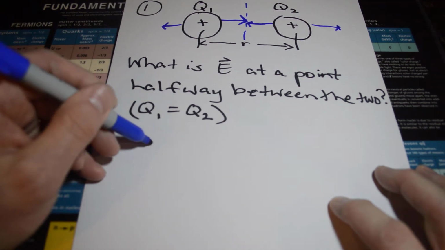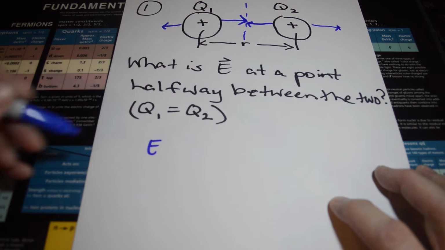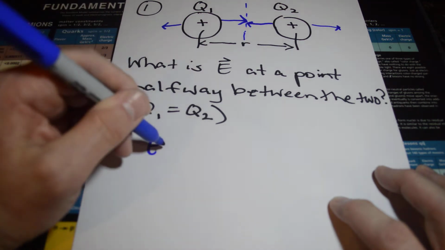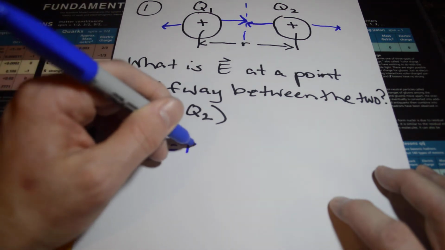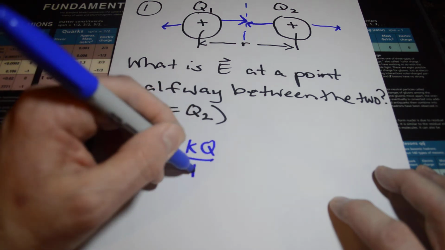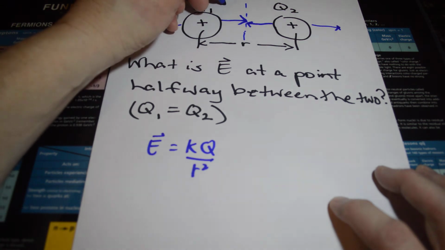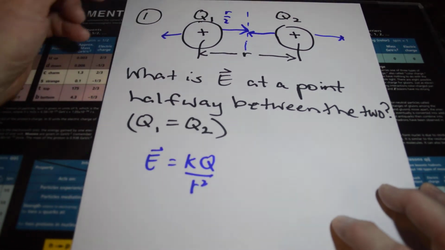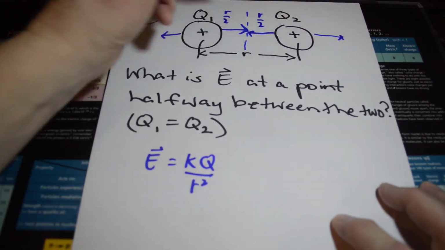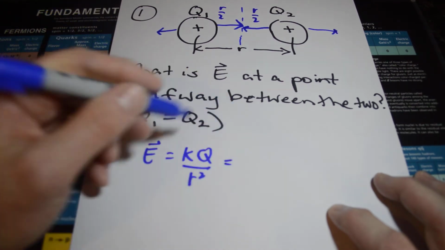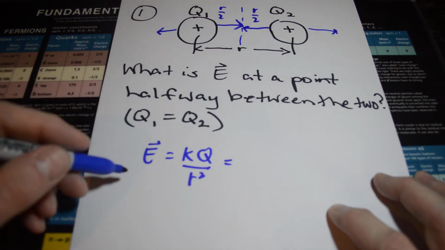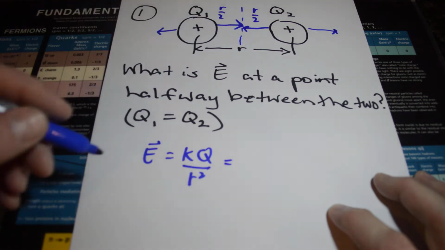Looking at the picture, the electric field for a point charge or a charged object is going to be equal to KQ over R squared, and the distance between those both is like R over 2. I think what's going to be true is that in a vector sense, they both have the same magnitudes.